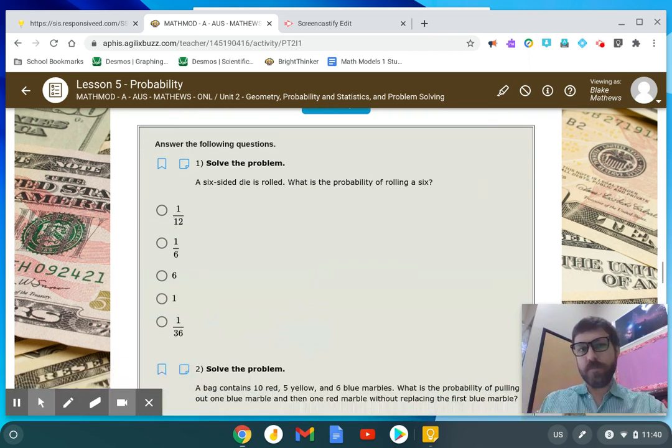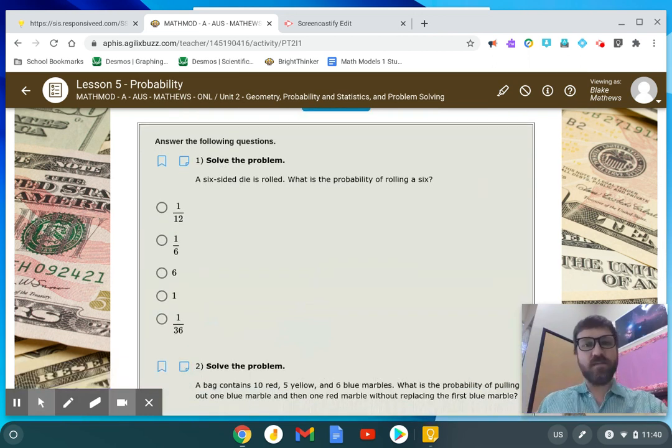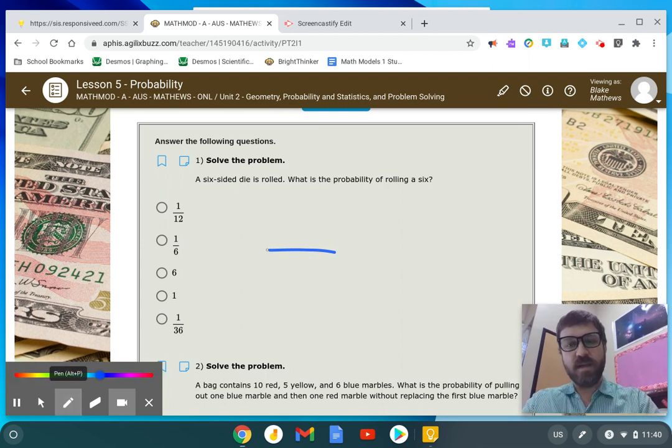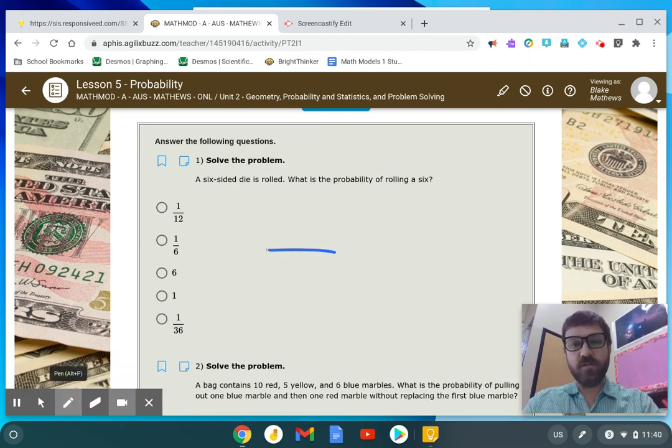All right, here we go. Solve the problem. A 6-sided die is rolled. What is the probability of rolling a 6? Okay, I'm not going to do a lot with this one. I'm just going to tell you you need to have a fraction. The bottom of the fraction is all of the options. So in other words, how many different things can you roll on a die? The top is what you want.